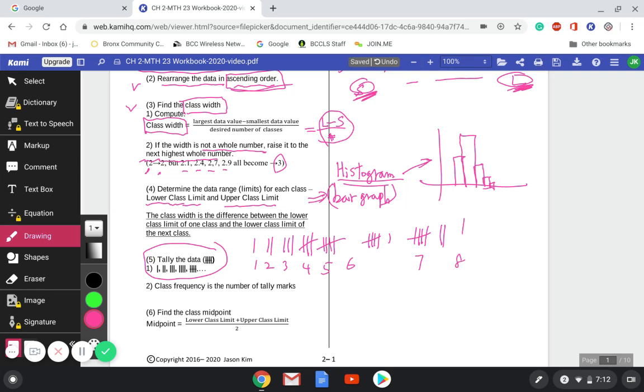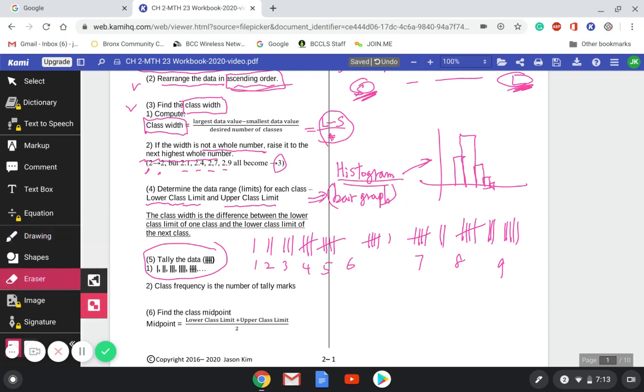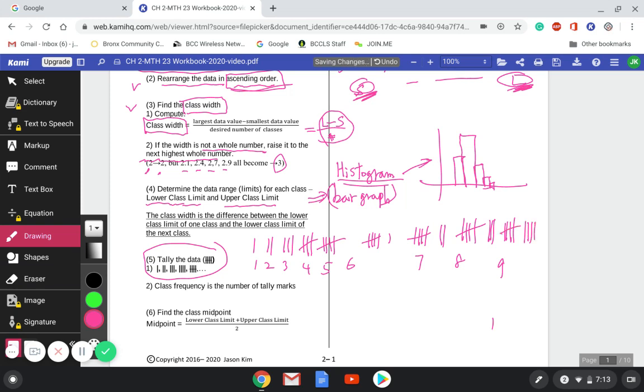So 8 would be 1, 2, 3, 4, 5, and 3. 9 would be 1, 2, 3, 4, 5, and 1, 2, 3, 4. And 10 would be 1, 2, 3, 4, 5, 1, 2, 3, 4, 5. So if you need to do the tally, that's how you mark it graphically.